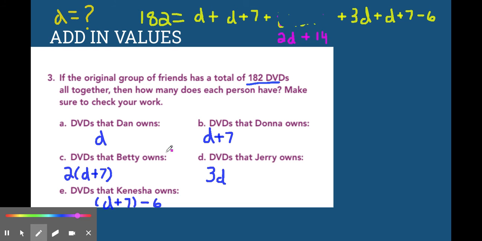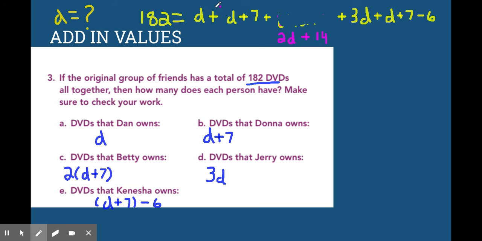All right, so next thing I'm going to do is combine my like terms. Anytime I have a variable or a coefficient with a variable, I would go ahead and combine those. So I'm going to combine my D's first because they stick out the most.